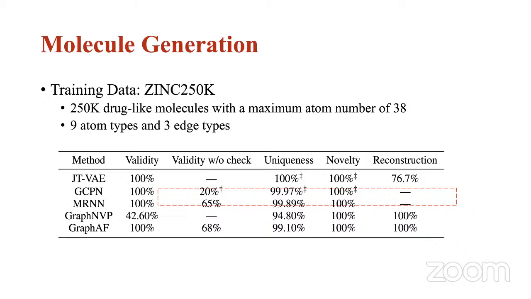If I might, I just want to add a follow-up question for that. For the uniqueness, I wonder how you would say the uniqueness. You mean how closely this structure is to the original structure, or it basically means whether the molecules generated by the model are different from each other. Yeah.